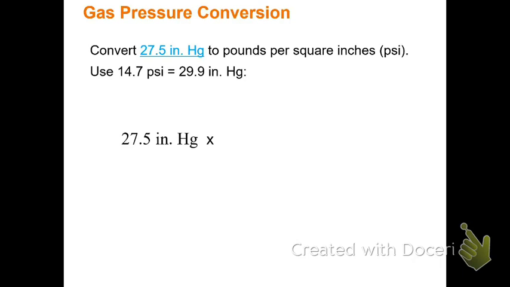You put inches of mercury in the denominator and the PSI up top, which is the unit that we want. Inches of mercury cancels out, and then you just multiply 27.5 by 14.7 and divide that whole thing by 29.9, and we get 13.5 PSI.